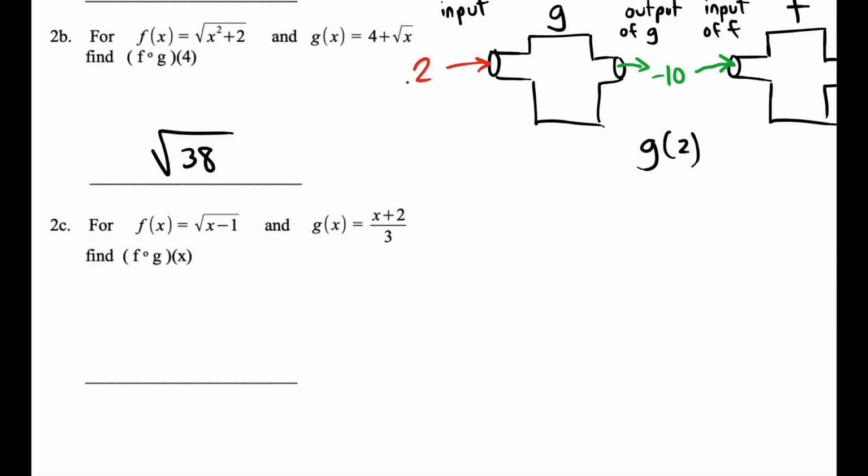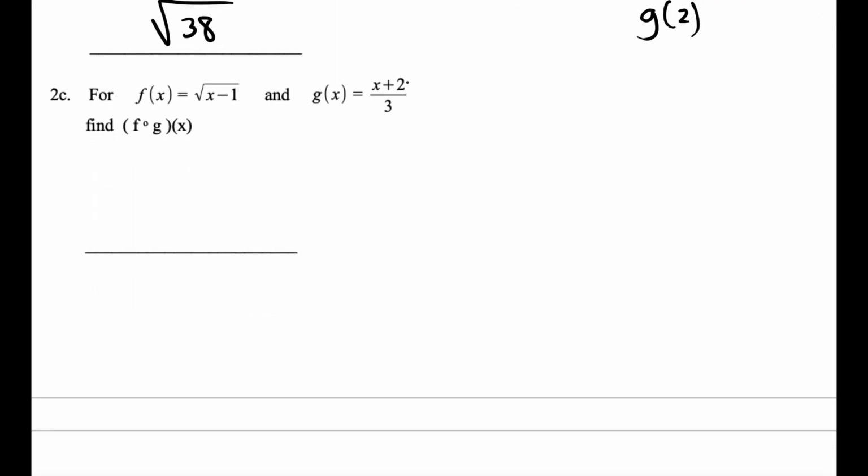Now what if we had to leave it general, where we didn't even know what the number was, like for an input? They instead want an input of just x. So what this means is we're gonna plug one formula into another.